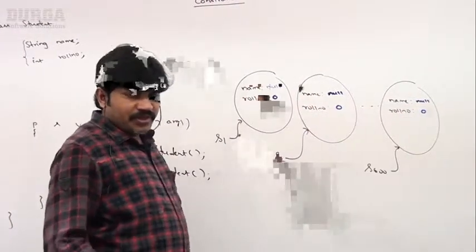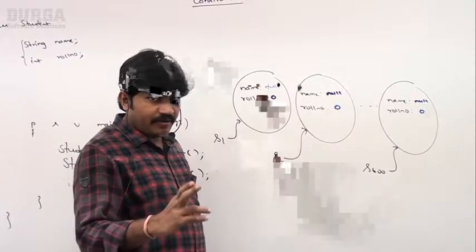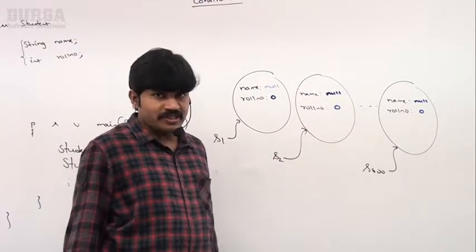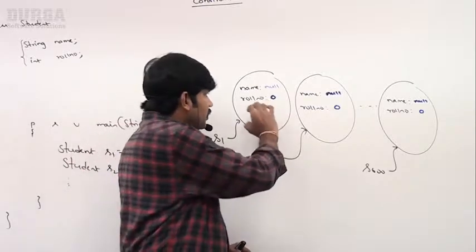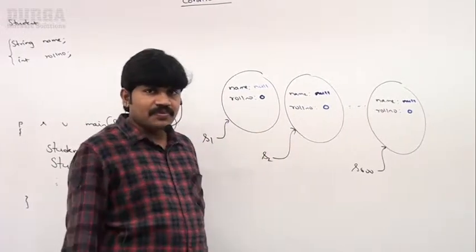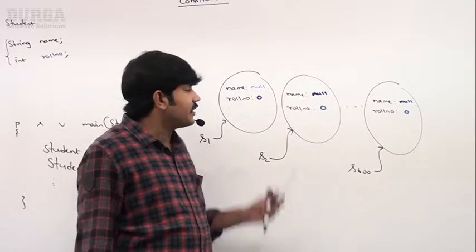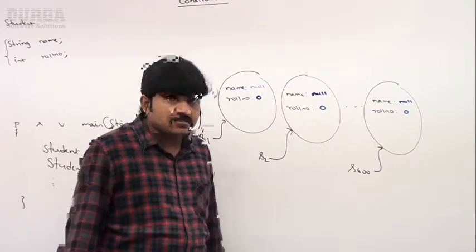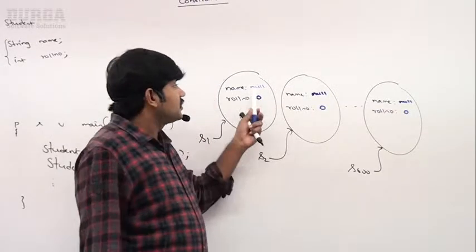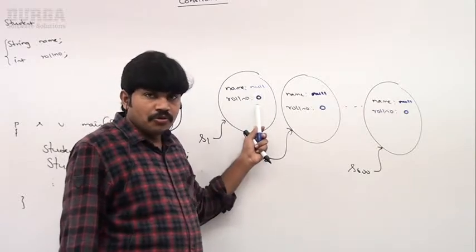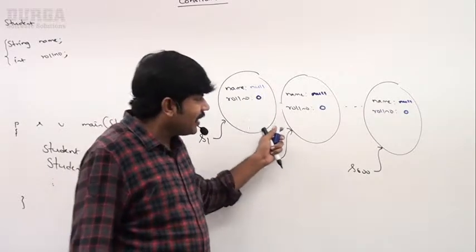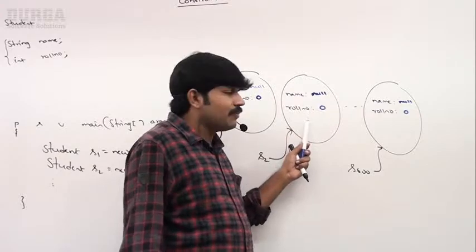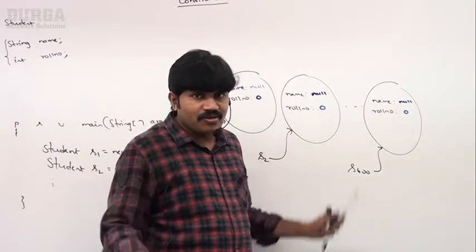Now observe, within a class I have 600 student objects. I approach the first object: what is your name and roll number? It tells me, my name is null, my roll number is 0.